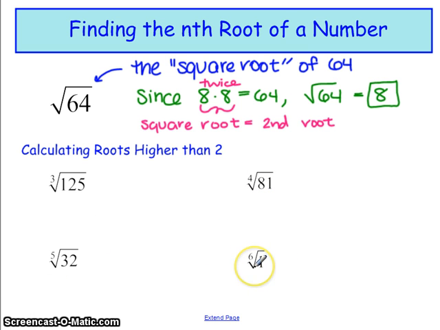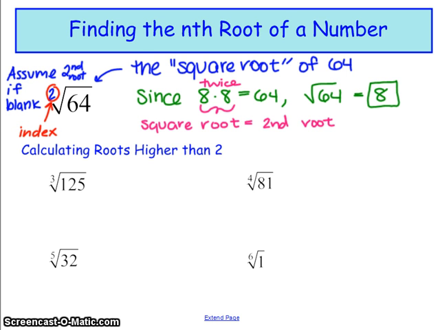What these mean is that instead of doing the square root, we're going to do the third root, the fourth root, the fifth root, the sixth root. Up here, when there wasn't a number in the 64, there really should be a 2 there. But when you see a blank inside the bend in the radical, you always assume that's 2. This little number that tells you what root it is called the index.